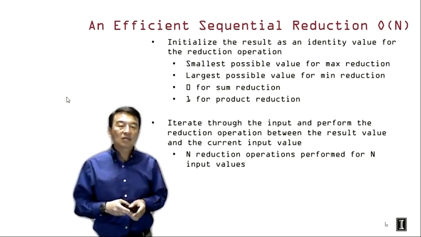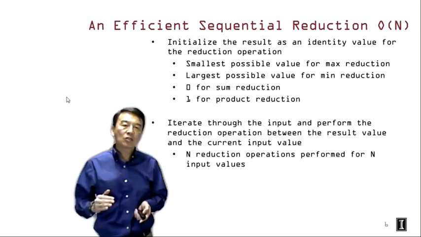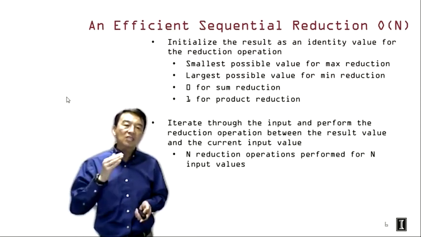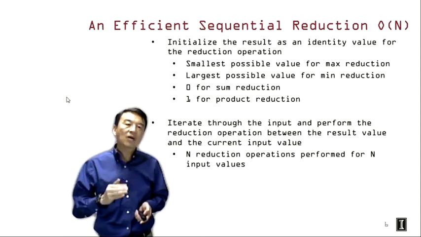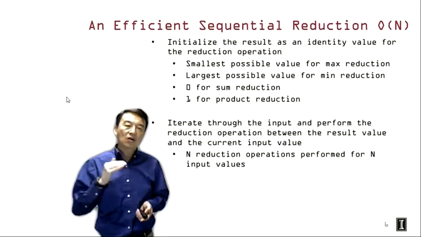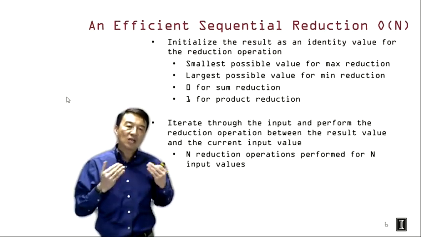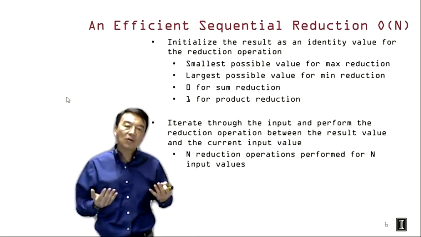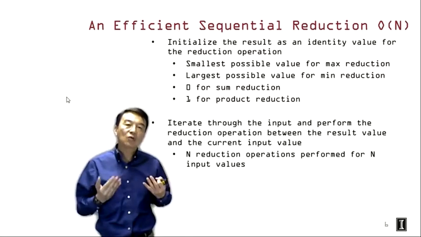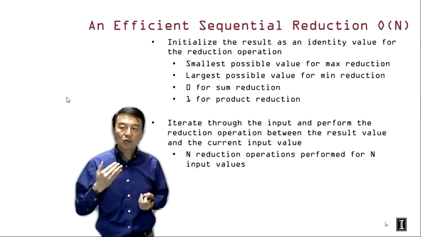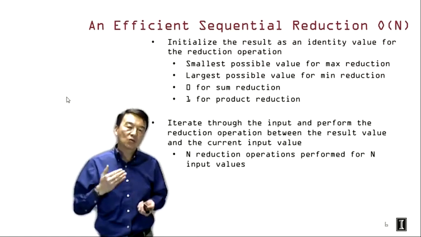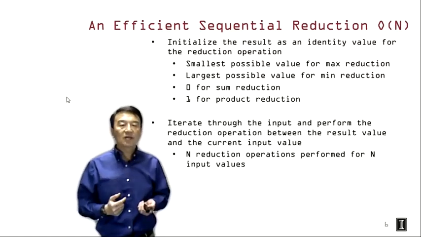And so any parallel computation will be compared against this linear algorithm, because if we add more work during parallel computation, then the performance will be penalized by that extra work. So any performance enhancement that we can have for parallel computation will have to be able to compensate for those extra work that we introduce in order to do this computation in parallel.